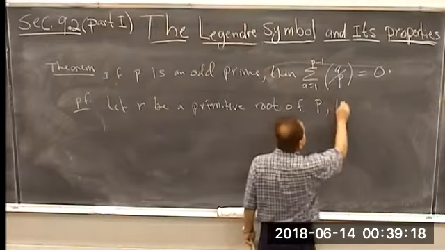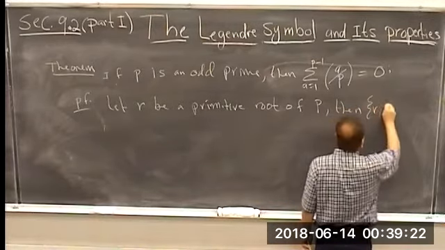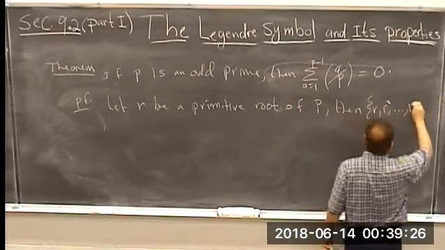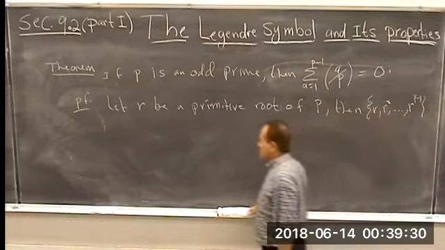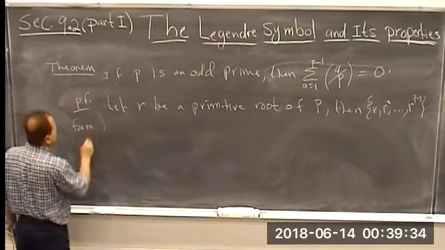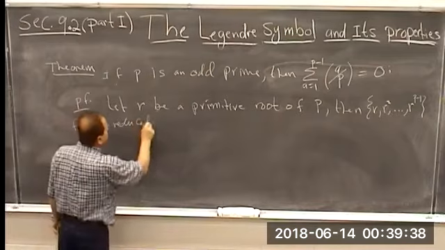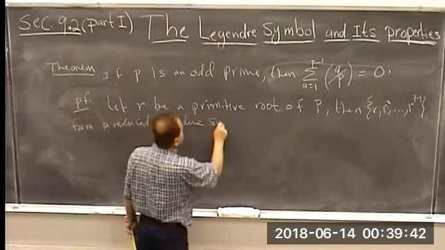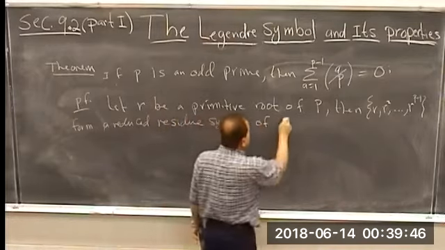Then, an argument we've seen before, R to the 1 up to R to the phi of P, which is P minus 1, forms a reduced residue system of P.